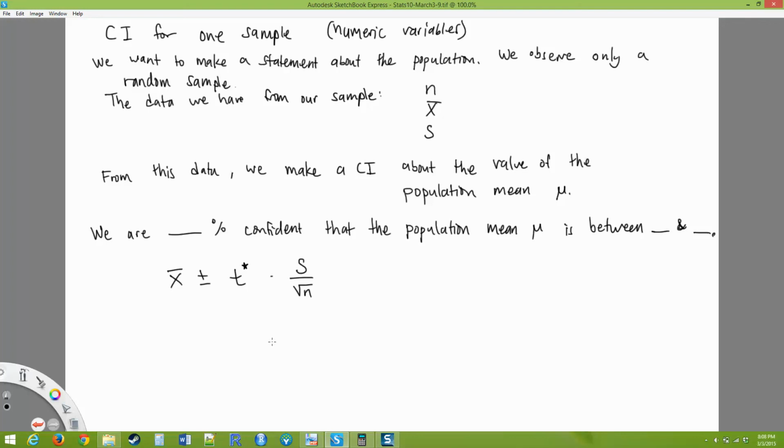So let's do an example here, okay? So we have a random sample of, I don't know, random sample of mice.